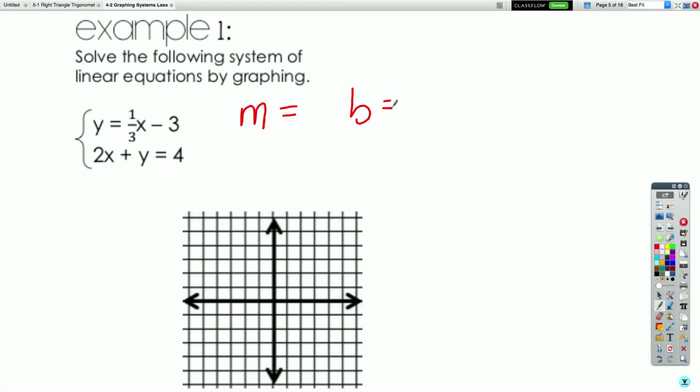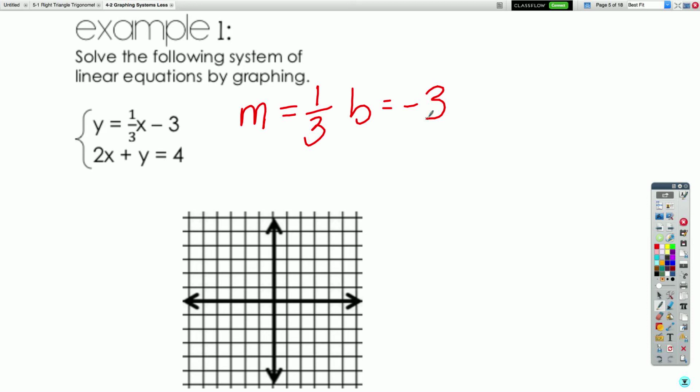Remember, m stands for what? Slope, but for you guys in the pre-IB, it stands for gradient. What is my slope? 1/3, and my y-intercept is -3. I'm just writing that so you can see it.